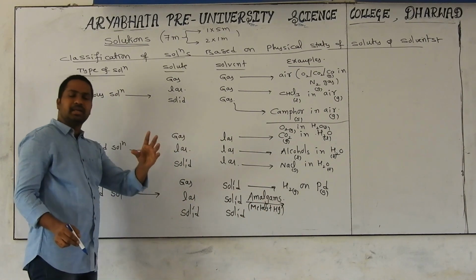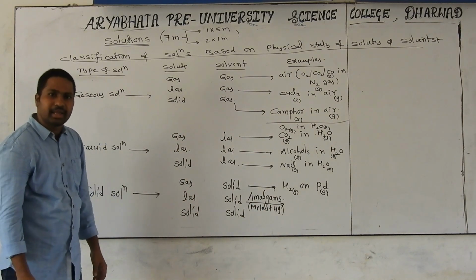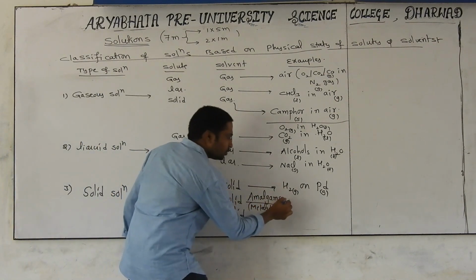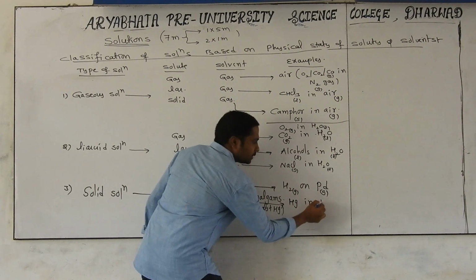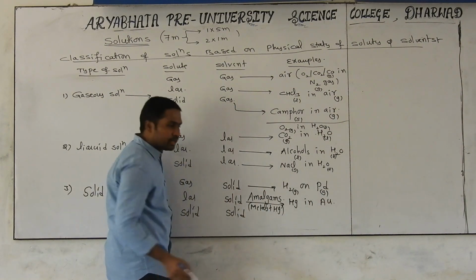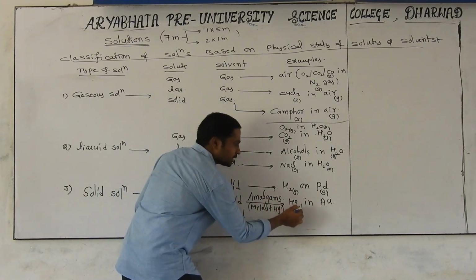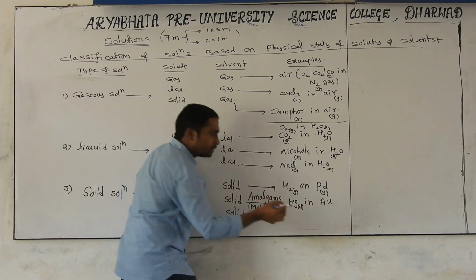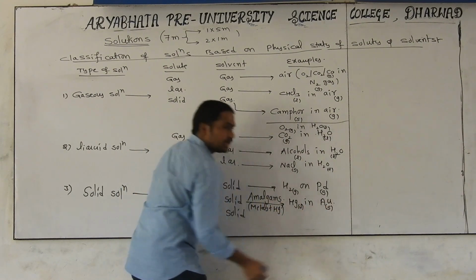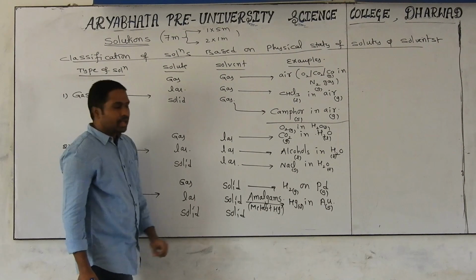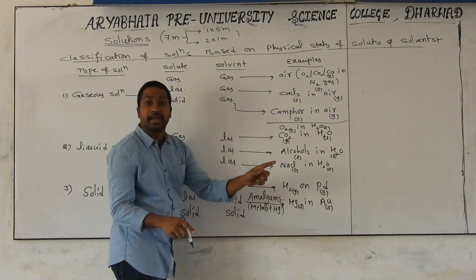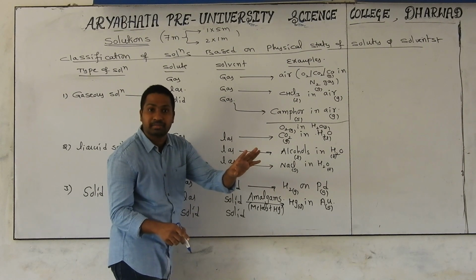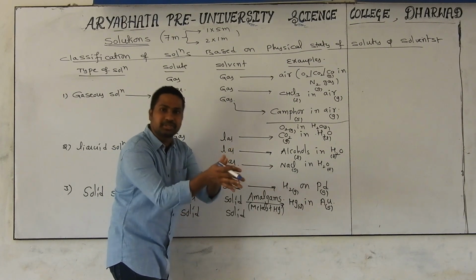A combination of any metal with mercury is called an amalgam. For example, mercury in gold, Au. Mercury is a liquid phase substance, gold is solid. It is called a gold amalgam. Like this, you can take sodium amalgam, NaHg. There is no chemical action between them, they are just physically mixed together.